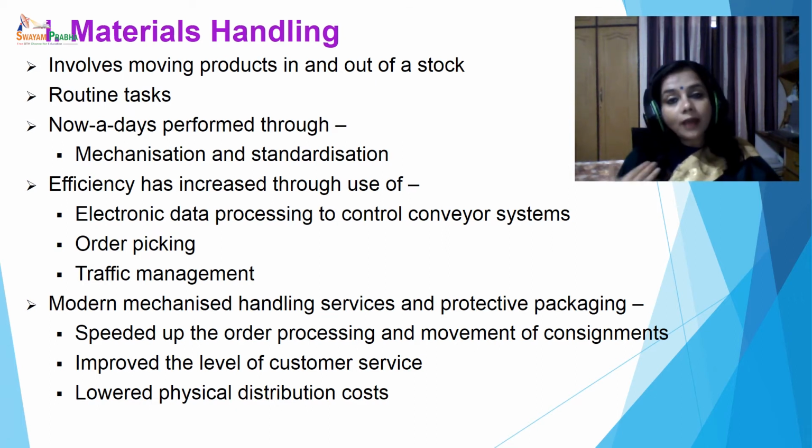So nowadays, modern mechanized handling and electronic data processing services are being utilized for material handling. Modern mechanized handling services and protective packaging speed up the order processing and movement of consignments, improve the level of customer service, and lower the physical distribution cost.